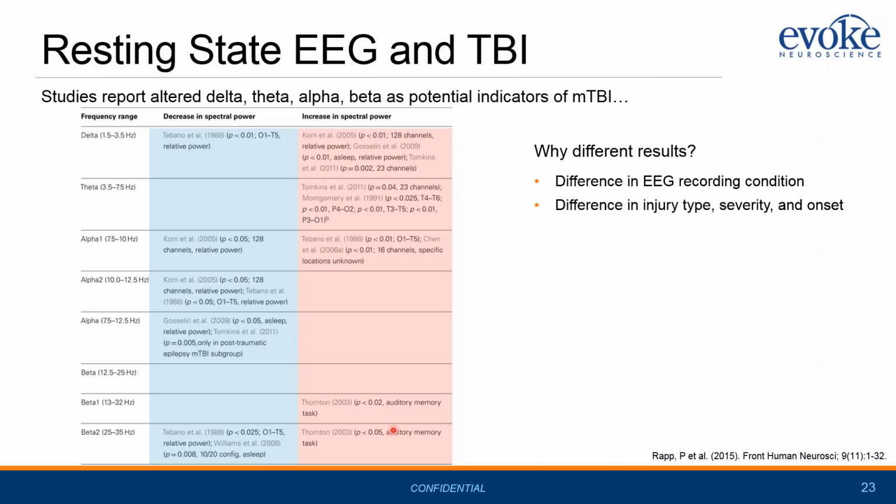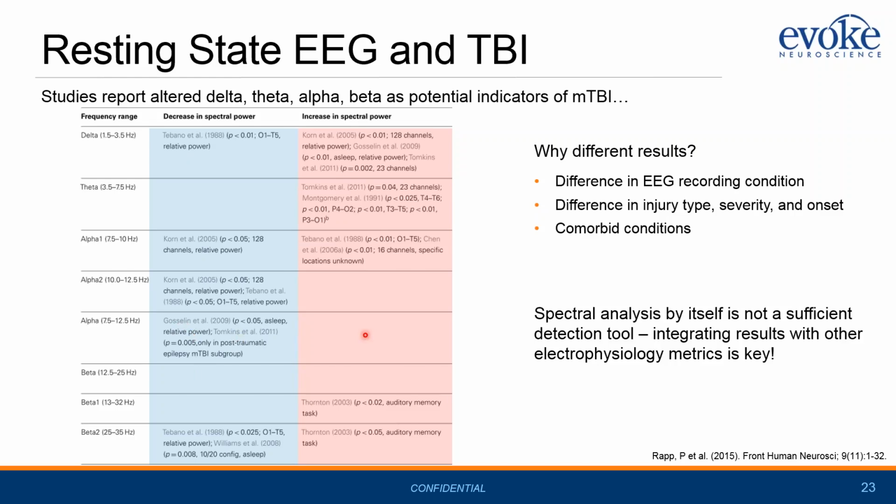There are, of course, differences in injury type, severity, and onset, and comorbid conditions that all affect EEG and could be affecting these results, which is why we are getting this inconsistent message between low power, high power, and what frequency band. So I'm going to note here that spectral analysis by itself, so basically looking at head maps, is not a sufficient detection tool on its own.